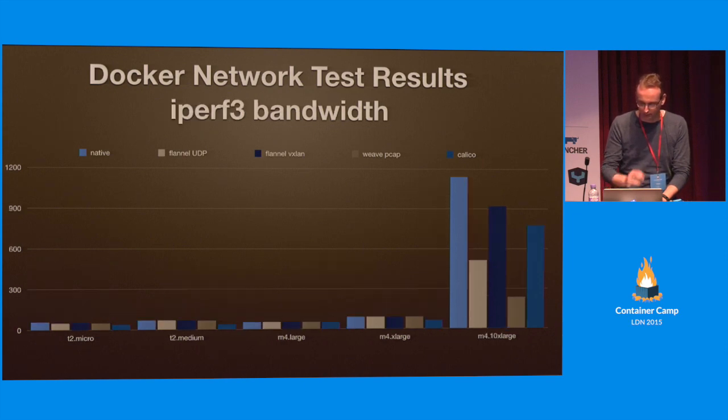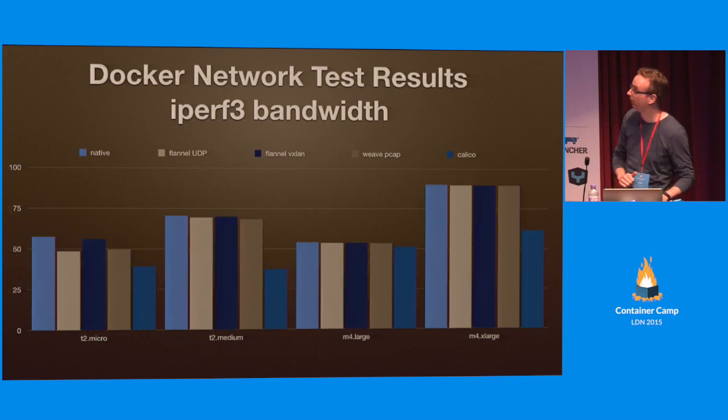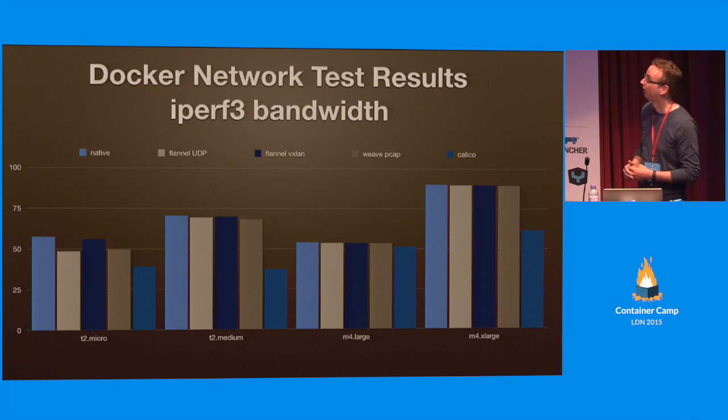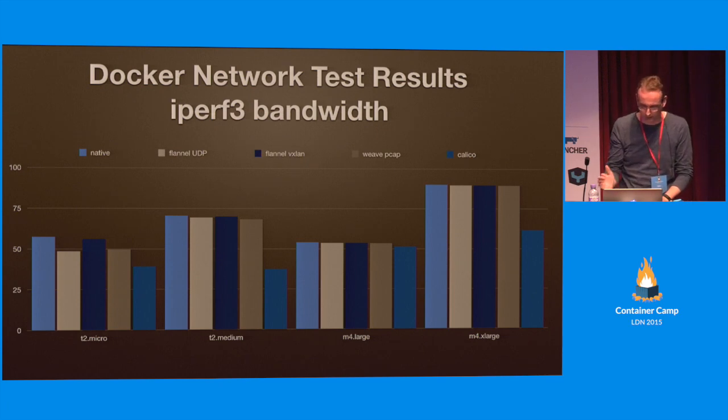If we zoom in on the iPerf results, especially the mid-size virtual machines, we see a different picture. Somehow all the different implementations, or at least Flannel and Weave, get very close results, and all very close to the native performance results, which are the light blue bars. Calico is still a bit behind in some of the results.